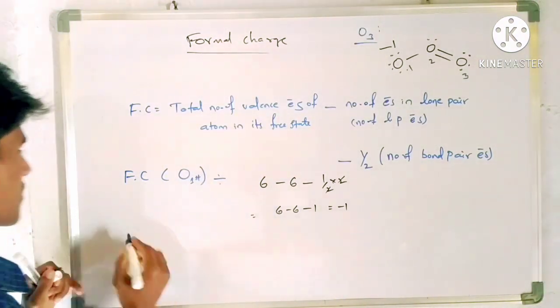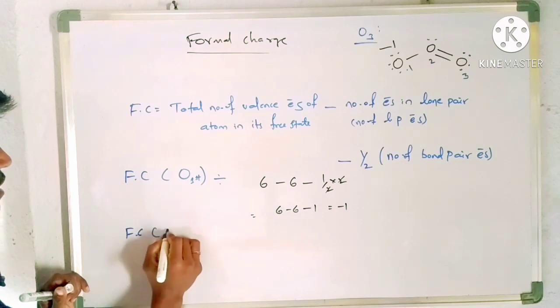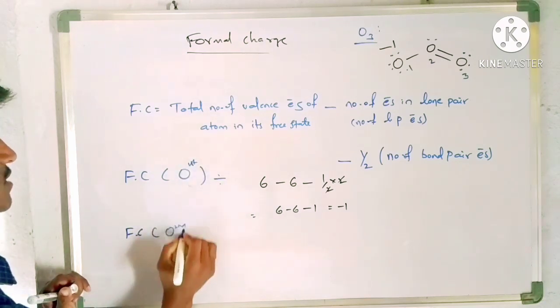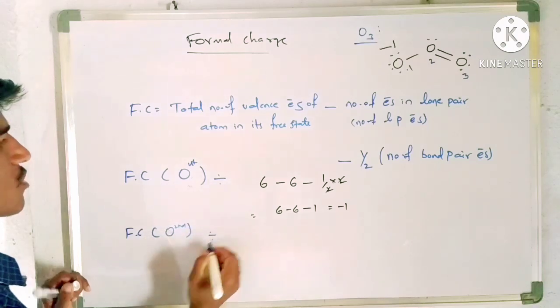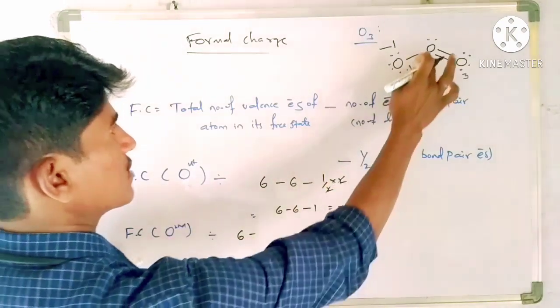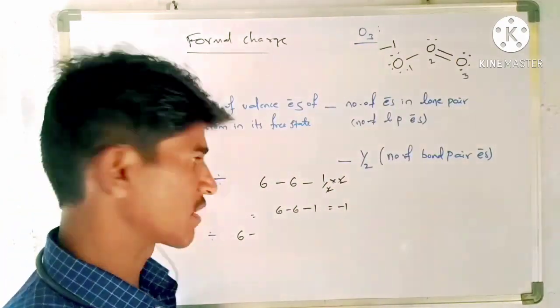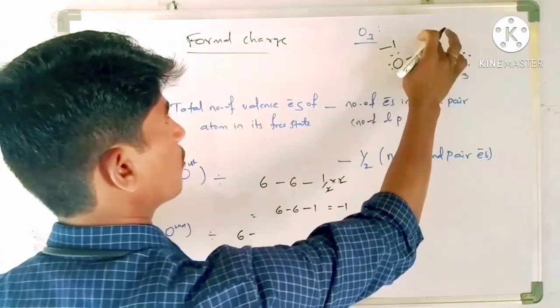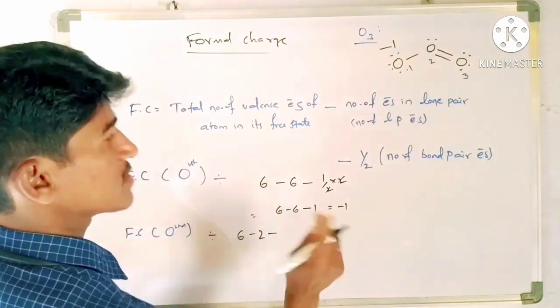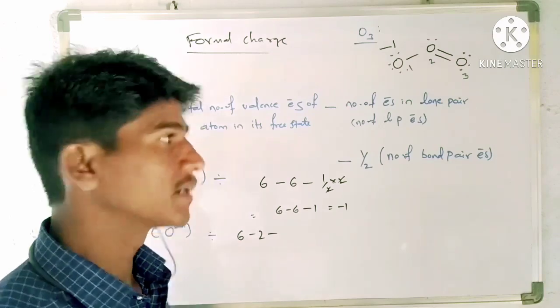Now the formal charge of the second oxygen. We know very well that oxygen has 6 valence electrons, minus the number of lone pair electrons, 2 lone pair electrons, minus the number of bond pair electrons by 2.